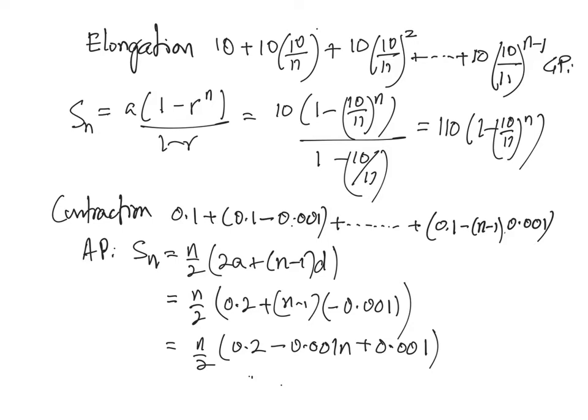That's what I do here. Plus. And that gives us n over 2000 into 201 minus n.